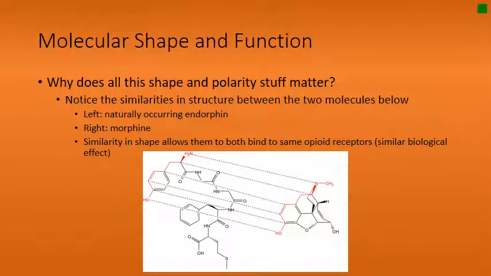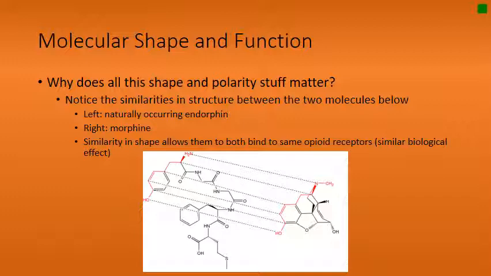So why should you care in studying biology? Why does the shape of the molecule and the polarity of the molecule matter? It's because shape and polarity strongly influence biological function. The example given on the slide, on the left, is a naturally occurring endorphin molecule, and on the right is morphine.